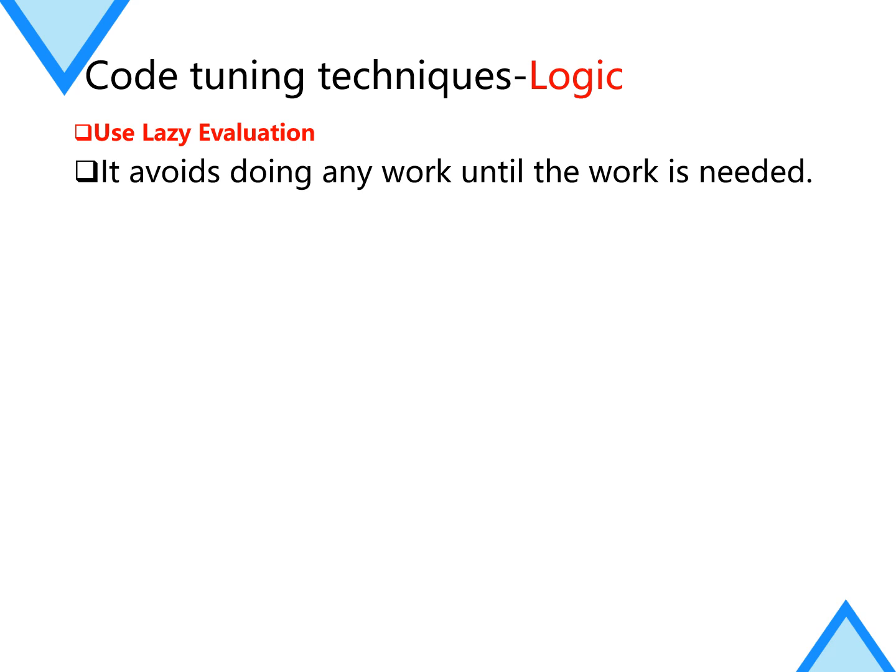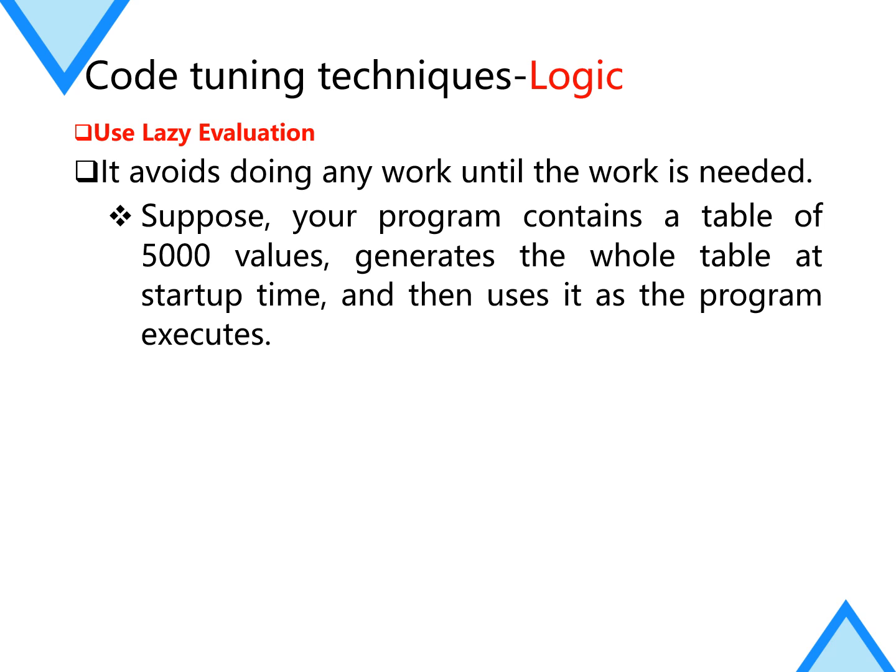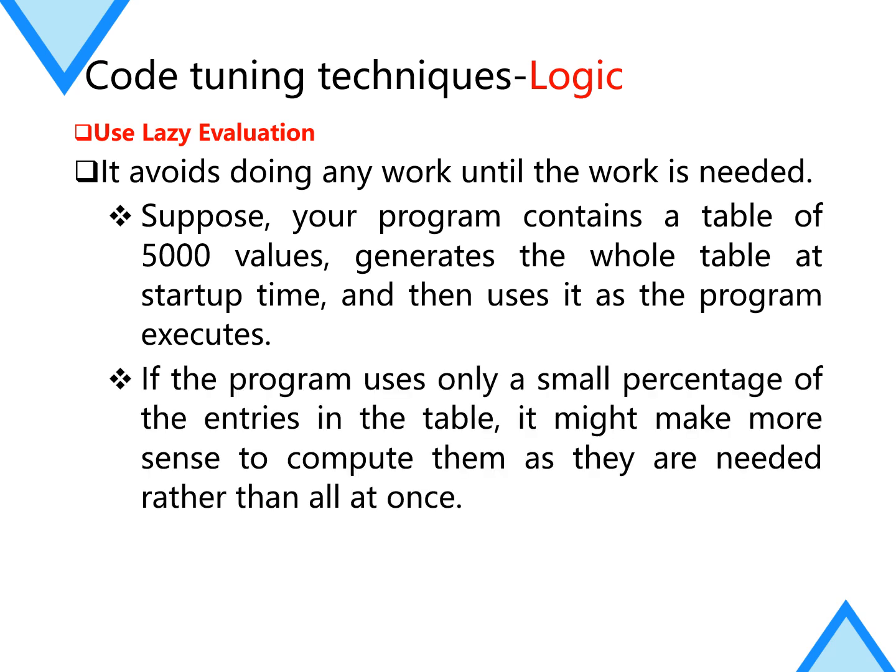It avoids doing any work until the work is needed. Don't do some calculation if you don't need the value in the near future. Suppose your program contains a table of 5000 values, and it generates the whole table at startup time and then uses it as the program executes. People usually do that: they generate all the values and then use them during program execution.